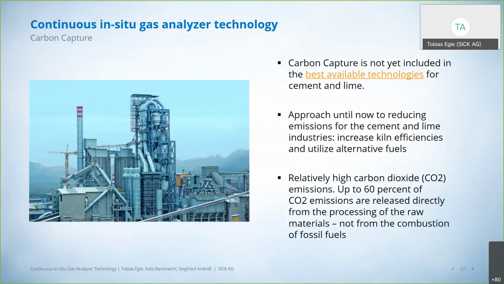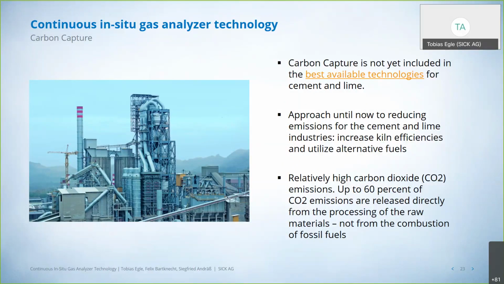Carbon capture is so far not included in the best available technologies for cement and lime. Currently, the approach was to reduce emissions for the cement industry by increasing kiln efficiency and utilizing alternative fuels. But 60% of the CO2 emissions are released directly from the processing of the raw material, not from the combustion.